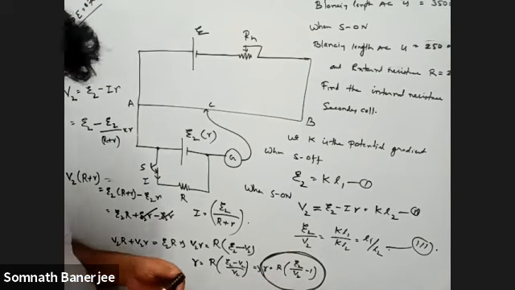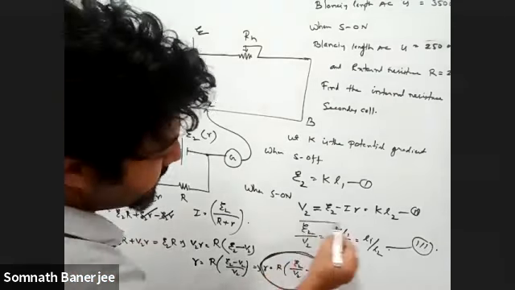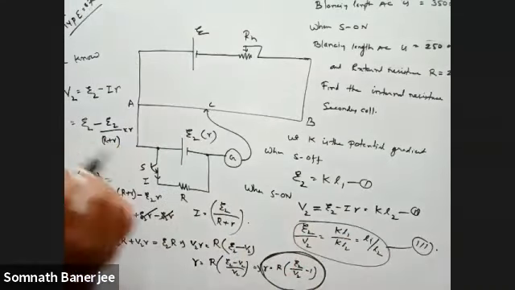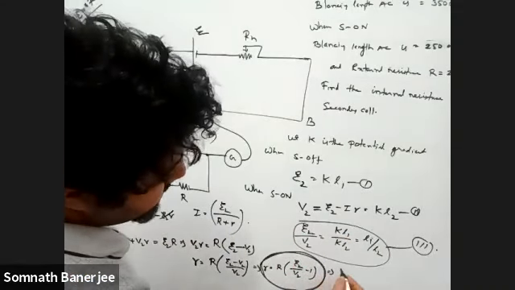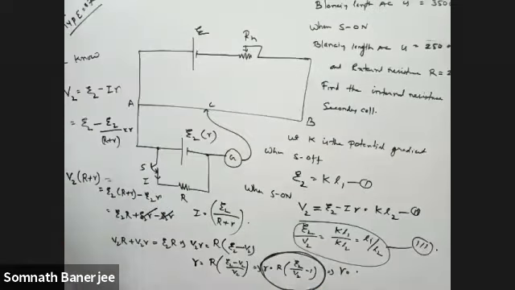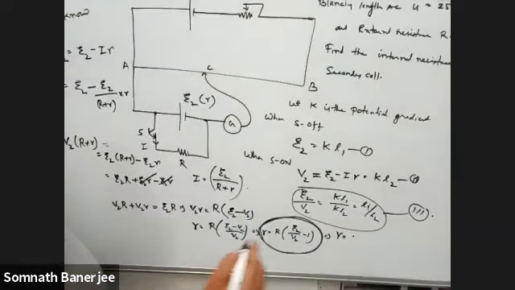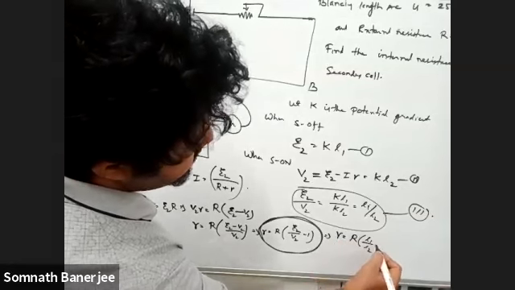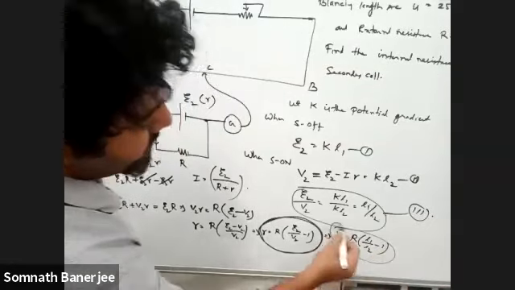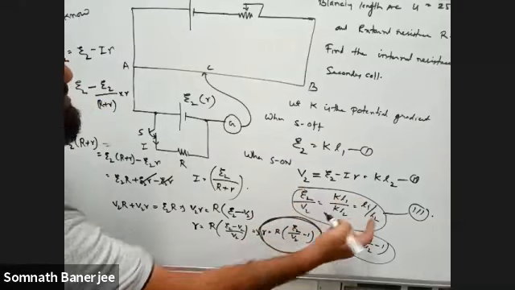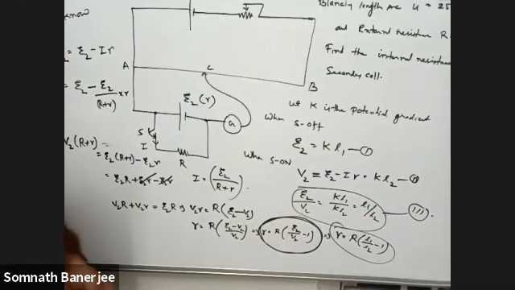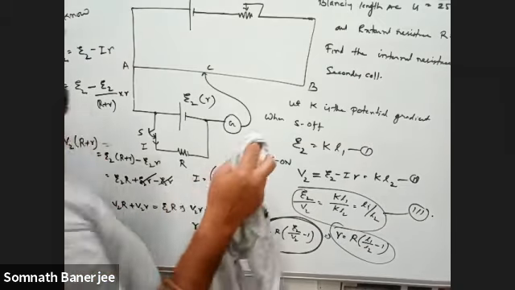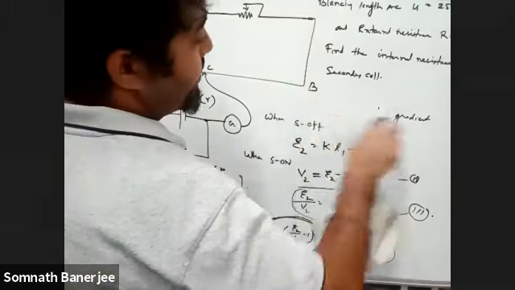Here E2 by V2 is L1 by L2, so we can write small r equals capital R into (L1 by L2 minus 1). So overall, this is the formula.